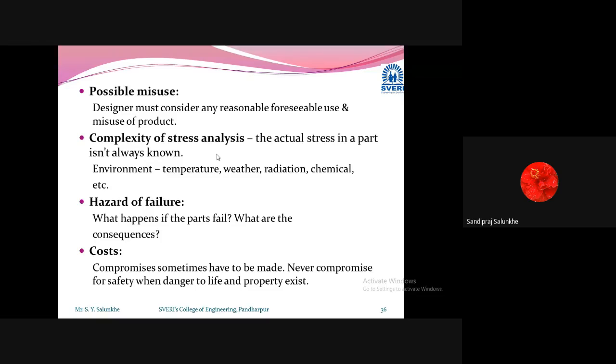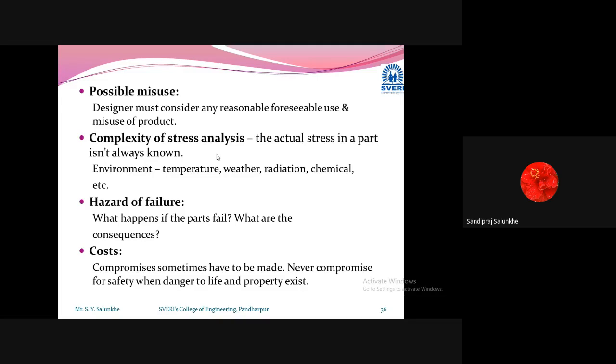But if it creates a major effect on human beings, then we have to take all these things into account. If a major accident may happen because of the failure of that component, or not only for human beings, if wealth may get destroyed because of the failure of that component, then also we have to be conscious about it. We have to be alert about what factor of safety we are choosing. That's why the factor of safety is the basic thing in designing.